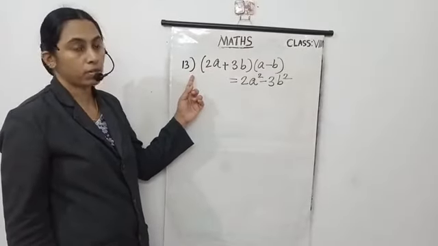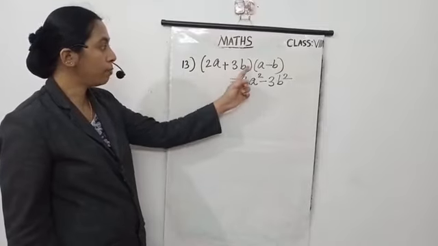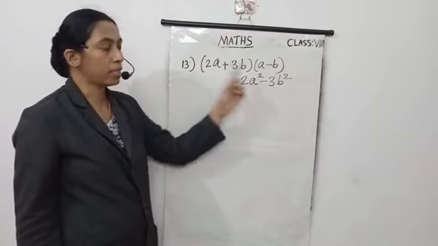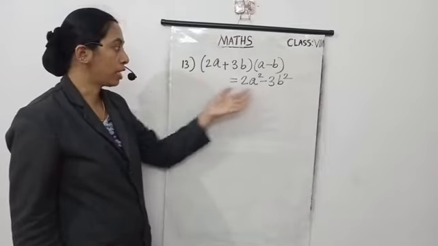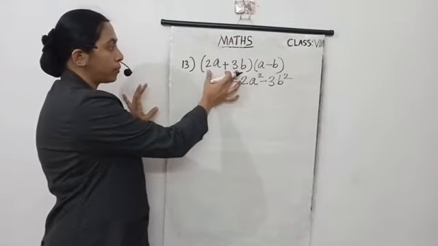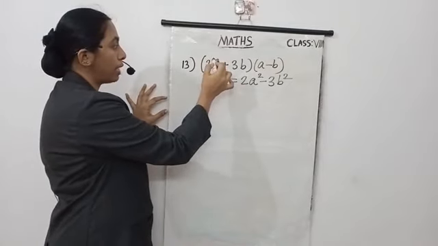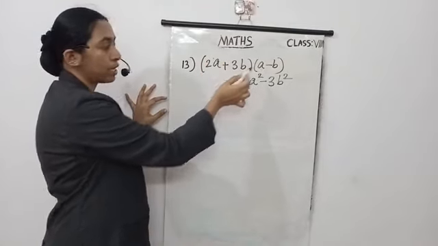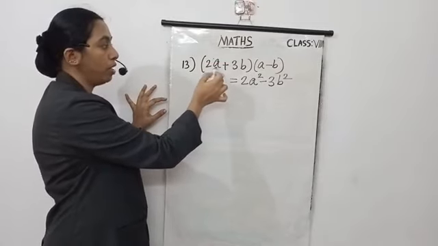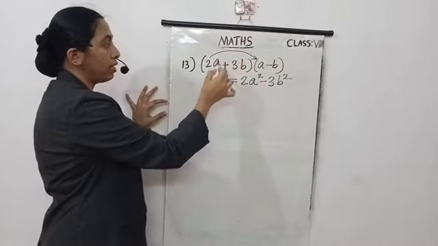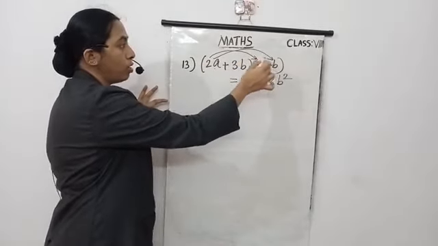So question 13. 2a plus 3b into a minus b equals a square minus 3b square. This is not correct. This is one expression into another expression. So we need to multiply each term of this expression with each term of the first expression. So first 2a into a, then 2a into b.